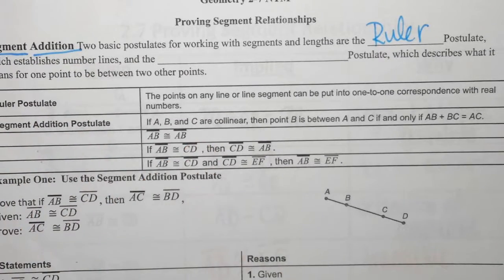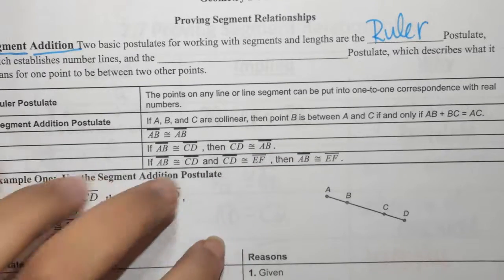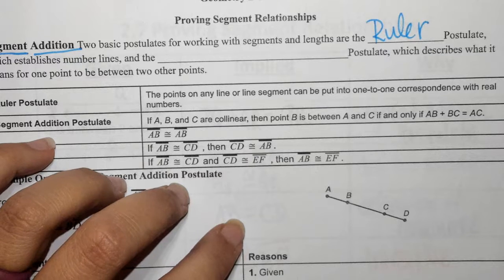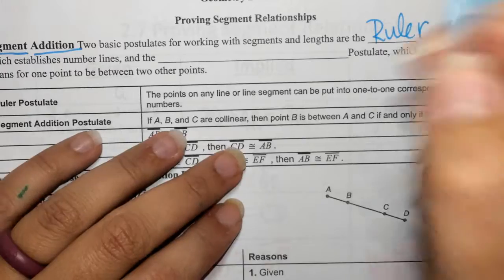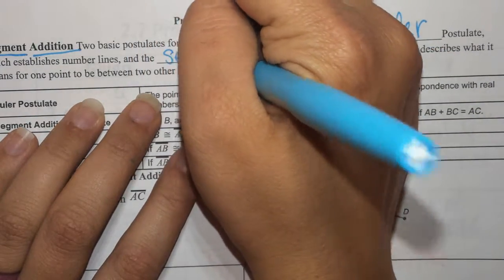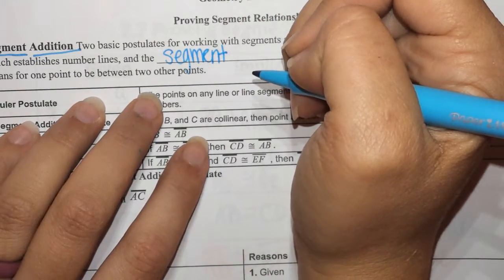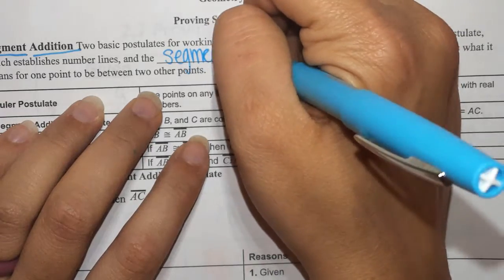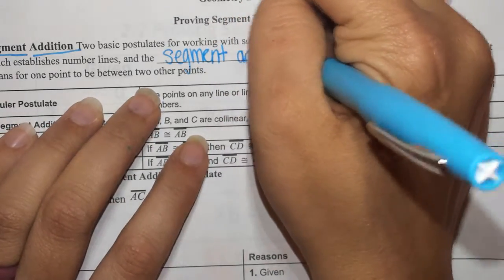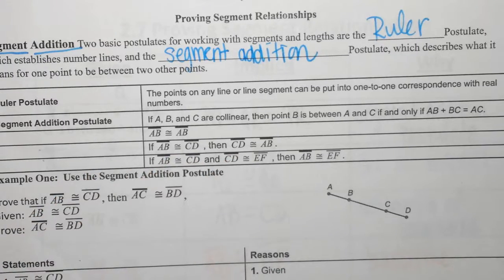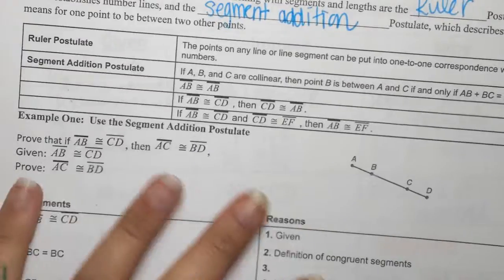And what's the other one that goes with segments? We just wrote it down. Segment addition postulate, which describes what it means for one point to be between two other points.